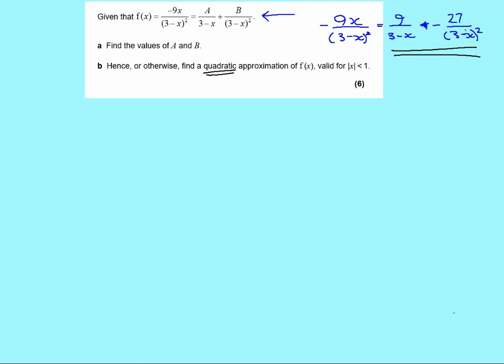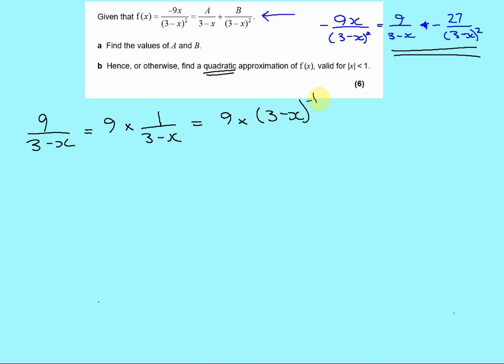So 9 over 3 minus x, that's the same as 9 times 1 over 3 minus x, which is the same as 9 times (3 minus x) to the power of minus 1. So what we're actually expanding is 9 lots of (3 minus x) to the power of minus 1.